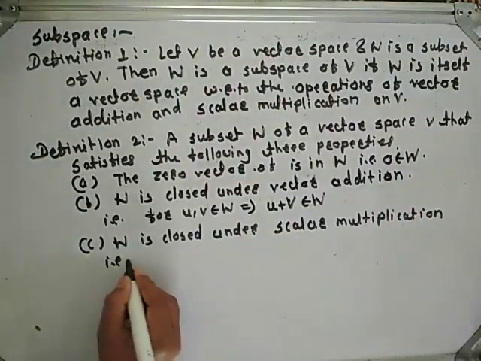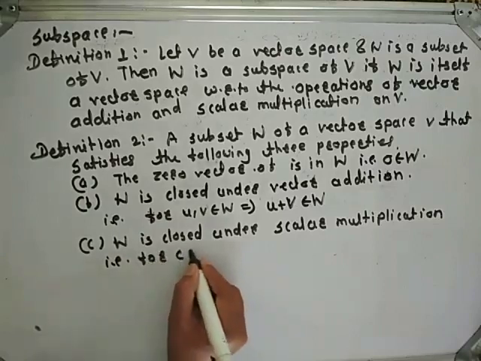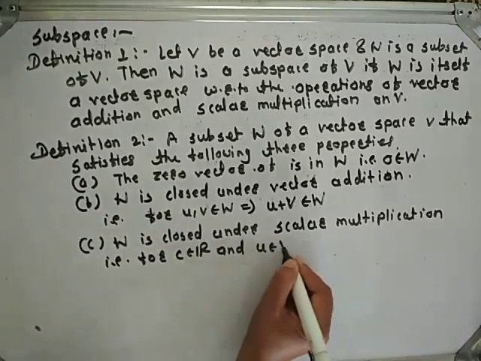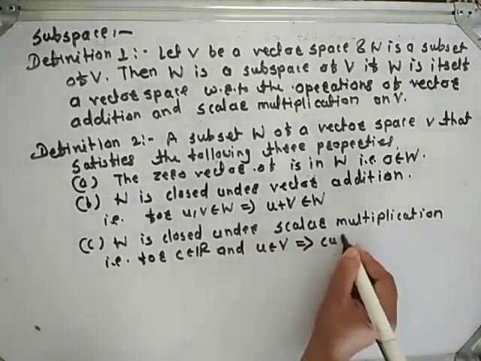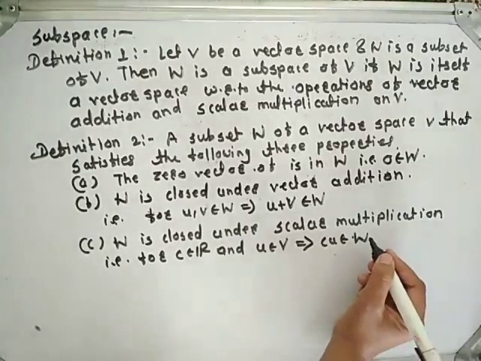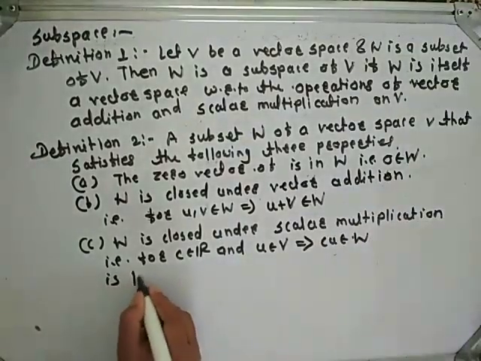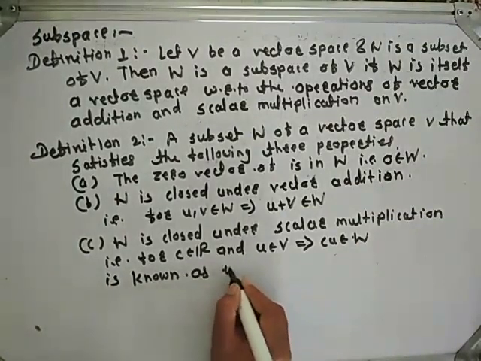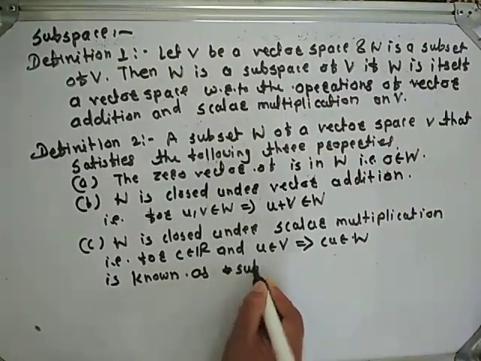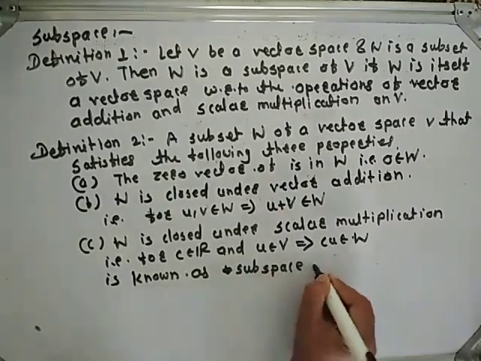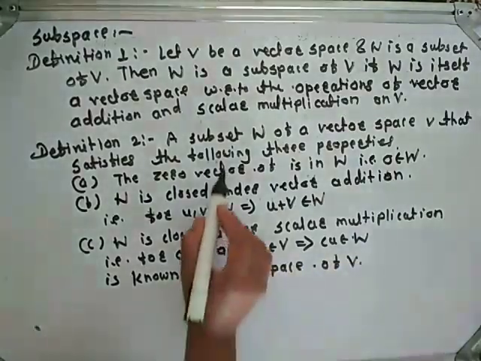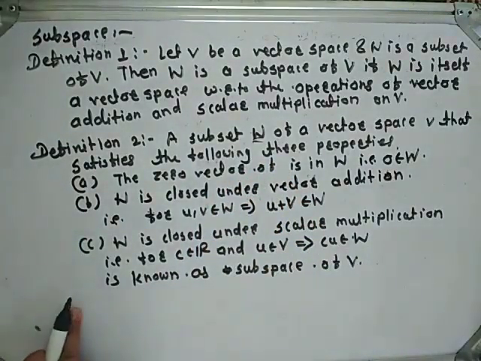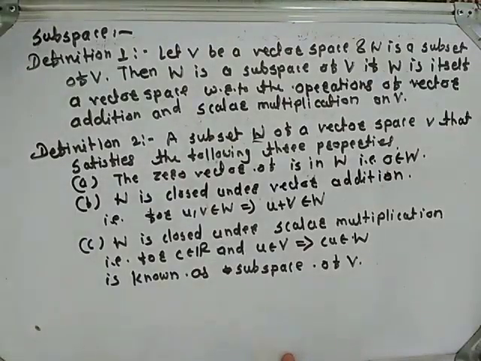That is, for c belongs to R and u belongs to W, that implies c into u belongs to W. Such a W is known as a subspace of V. Means any subset W of V that satisfies these three properties, then we say that W is a subspace of V.